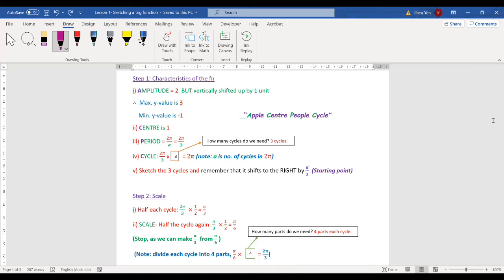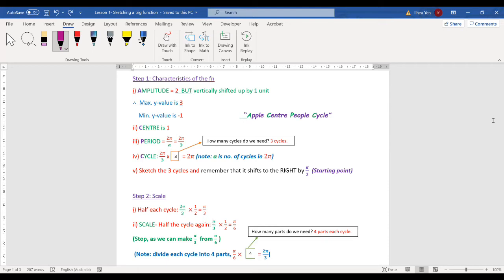Okay, and then period is, as we talked about, 2 pi over a. A was 3, so your period is 2 pi over 3. Now how many cycles are we going to have in that 0 to 2 pi? That means how many patterns are completed or repeated.